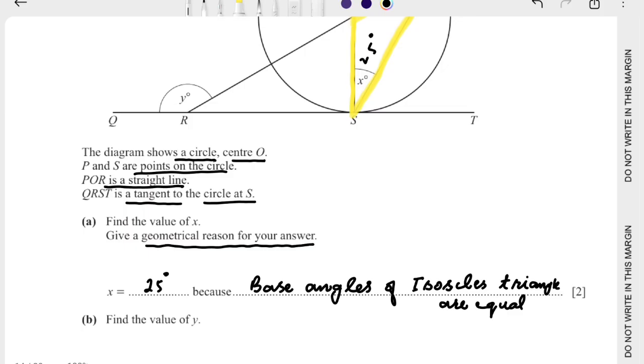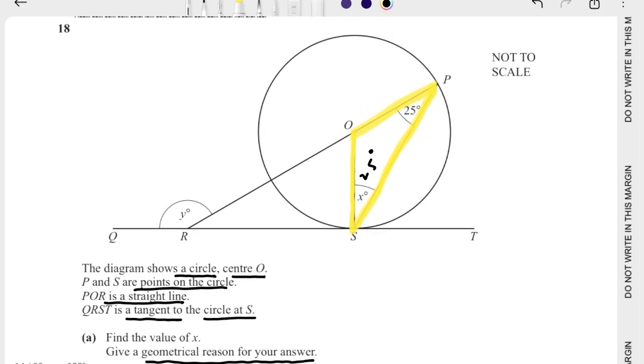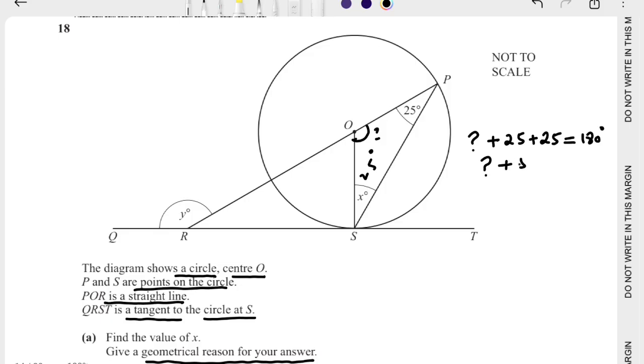Part B, find the value of y. Now for this purpose we have to find this angle. We know that the sum of interior angles of a triangle is equal to 180 degrees.